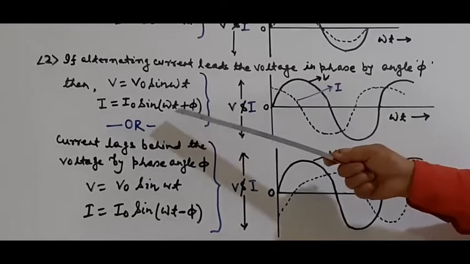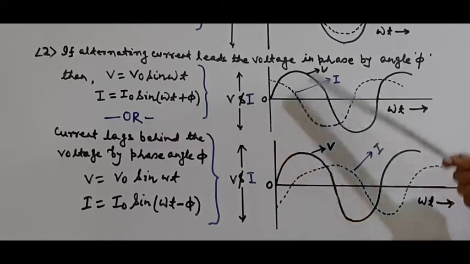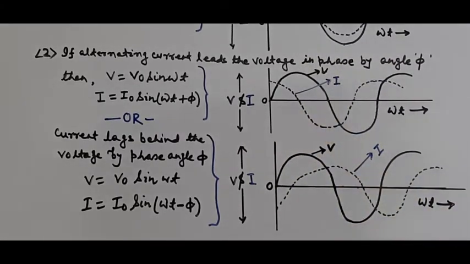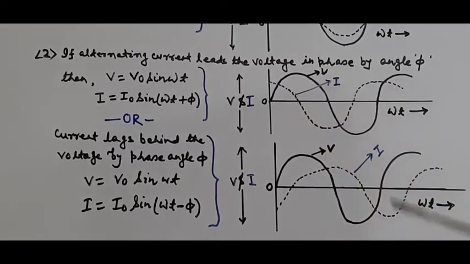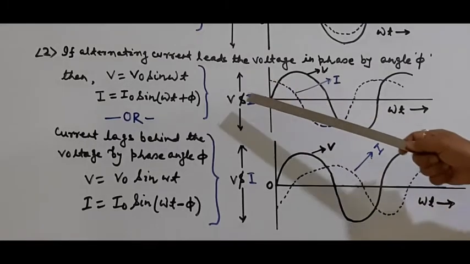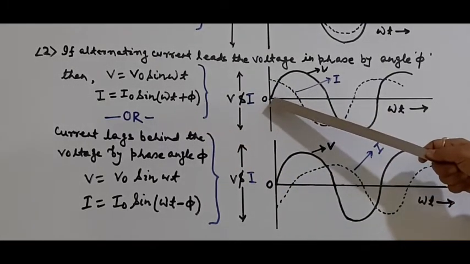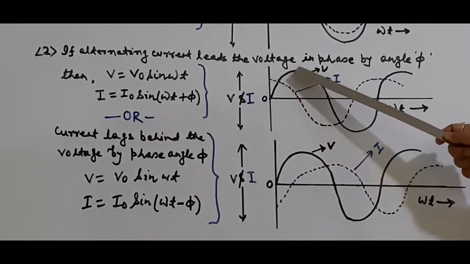In this case, current leads, so the peak of current reaches its maximum value first, then the voltage, and the current falls on the reference line first, then the voltage. Look here, the current starts phi angle earlier. Starting from the reference line, the peak of the current comes first, then the peak of the voltage.